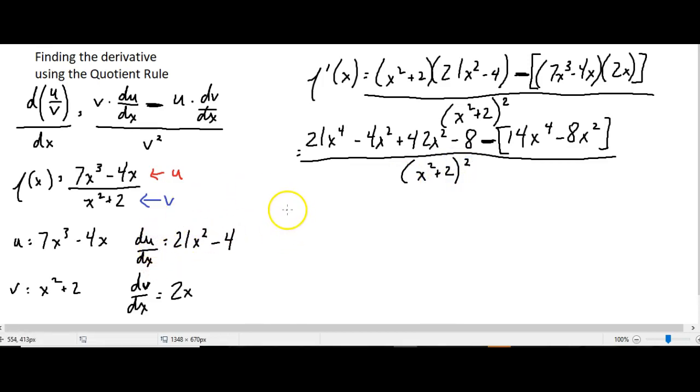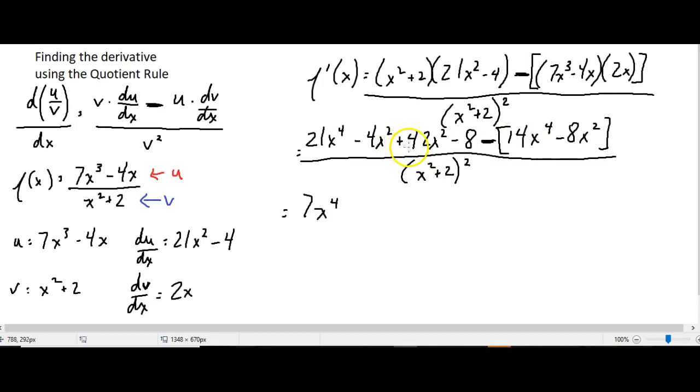Now we can gather like terms. 21x to the 4 minus 14x to the 4 leaves us with 7x to the 4. And we'll look at the x squared terms. Minus 4x squared plus 42x squared is 38x squared, minus 8x squared.